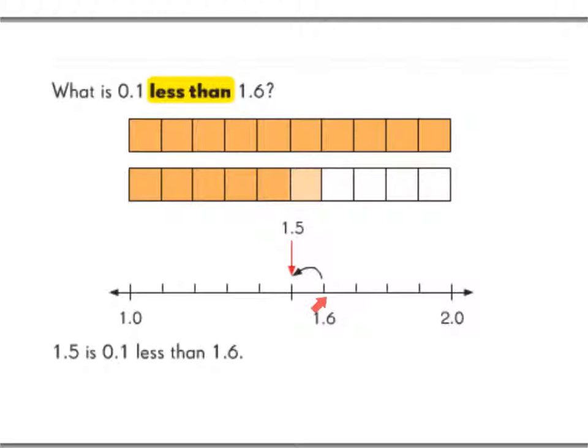We have 1 and 6/10 here. We're looking at less than, so making the numbers smaller. We go lower by 1/10. We get 1 5/10 is 1/10 less than 1 6/10.